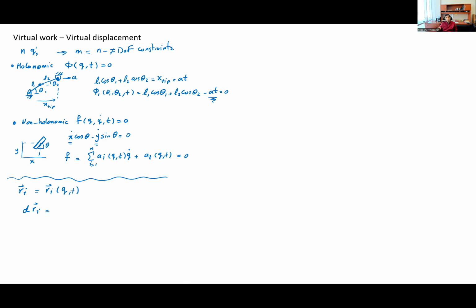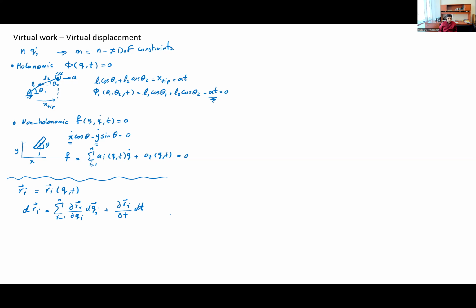Relating the differential to partial differentials, I can write it as a sum over i, over all the dimensions of my generalized coordinates, of partial r_i partial q_i times dq_i, plus partial r_i partial t dt. So this is the full differential dr expressed as a partial differential along the directions of q.